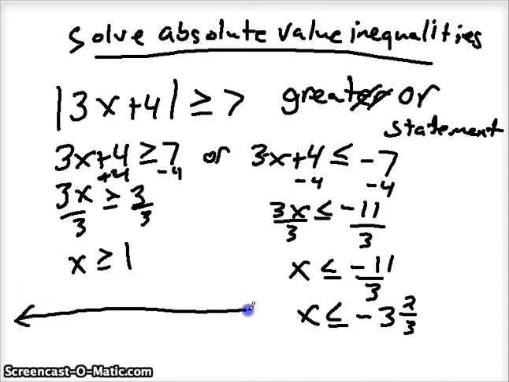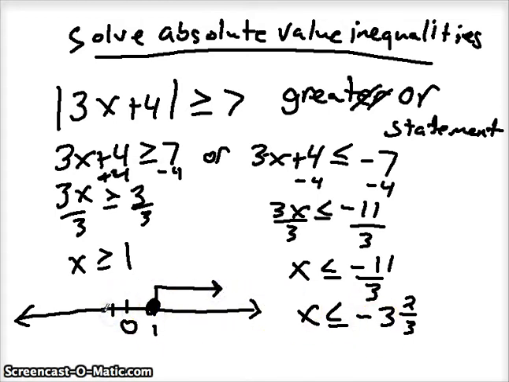We always have to graph when we solve inequalities. This time I'm going to graph it on a number line. Here's 0, here's 1. It's going to be, if you remember, a closed circle because it's the or equal sign at 1. We're talking about values greater than 1, so values in that direction.